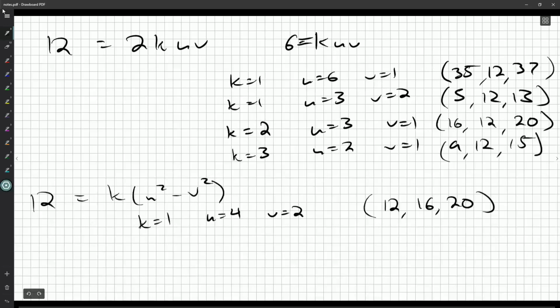I think that's the only way to make 12 as a difference of squares. You can't do something like 36 minus... Well, we could write out a few squares.